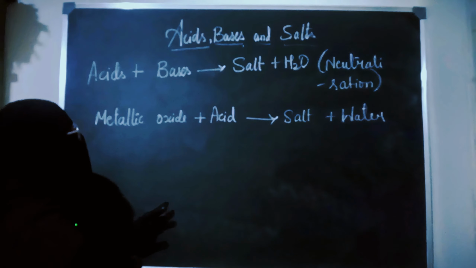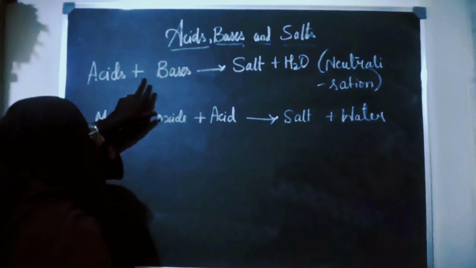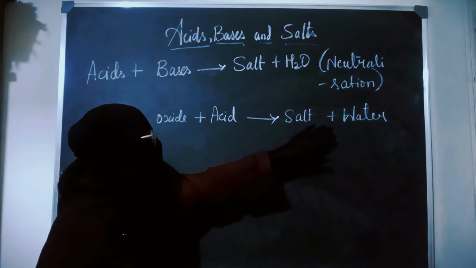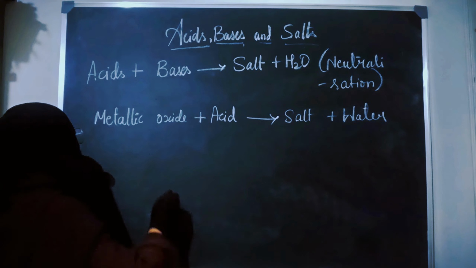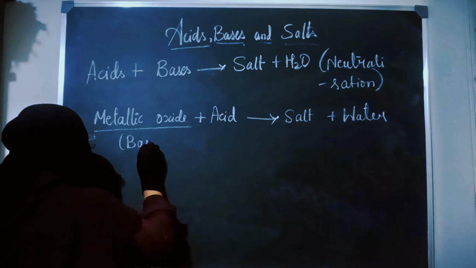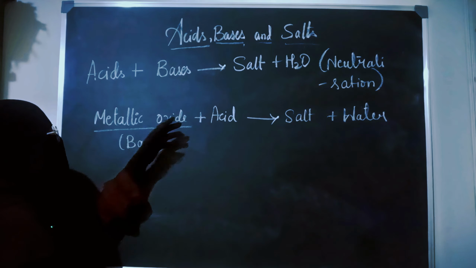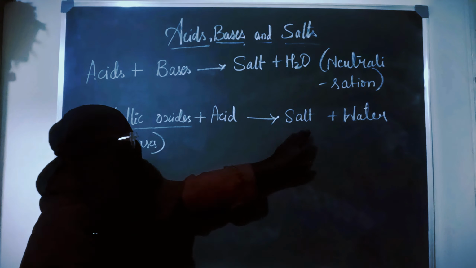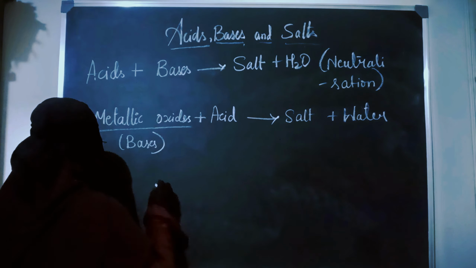Children, don't you feel that it is the same? See, I have taken an acid. In place of a base, I have taken a metallic oxide, but the result is the same. I'm getting to see that the salt and water is being formed. That means these metallic oxides act as the bases. Correct? So the bases like metallic oxides, whenever they react with the acid, they lead to the formation of salt plus water.